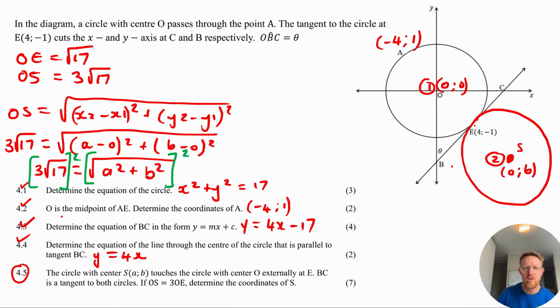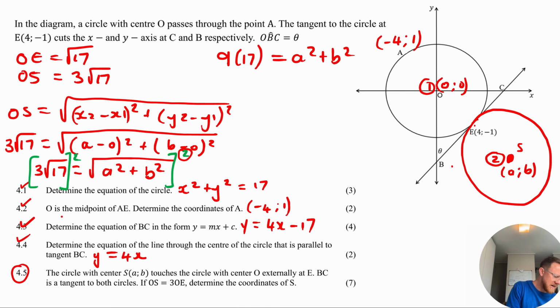And so 3 squared will become 9. And the square root of 17 squared will just become 17. So that's what we have there. Then on the right-hand side, this square will cancel out the square root, and so you're just left with a squared plus b squared. So 9 times 17 is going to be, I think 149. I liked, oh no, 153.